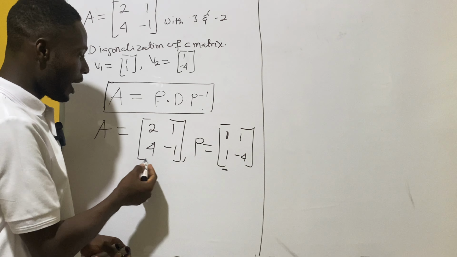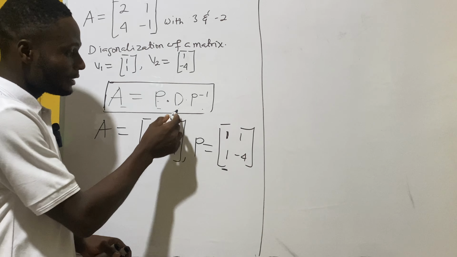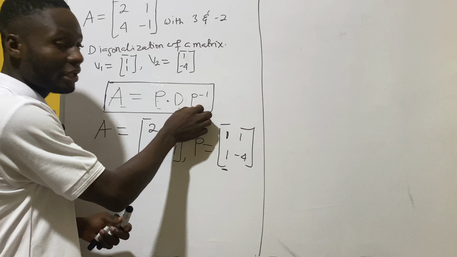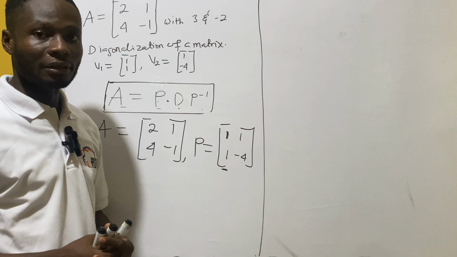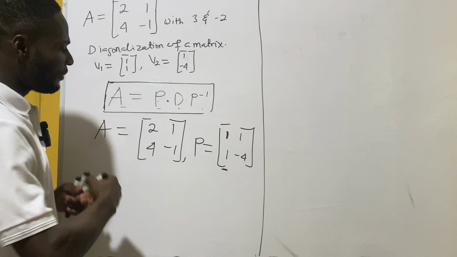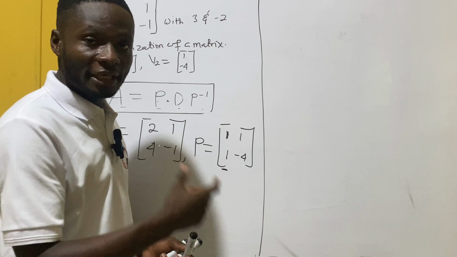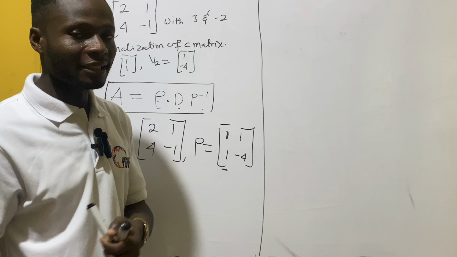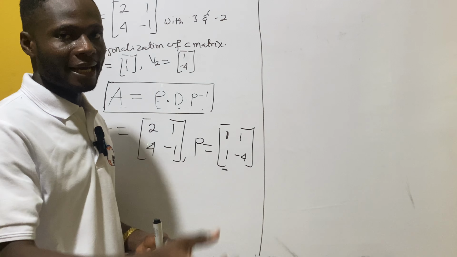So now you have A, you have P. What is D? D is what you are interested in. So you have to find the P inverse as well. Once you have the P, you can find P inverse. Since we need P inverse, we need the determinant. Once you find the determinant and it's not equal to 0, it means the inverse of P exists.